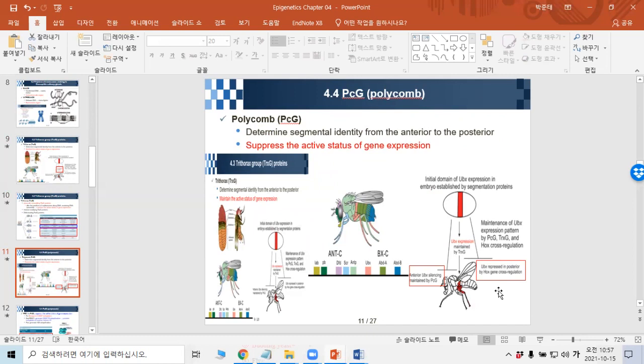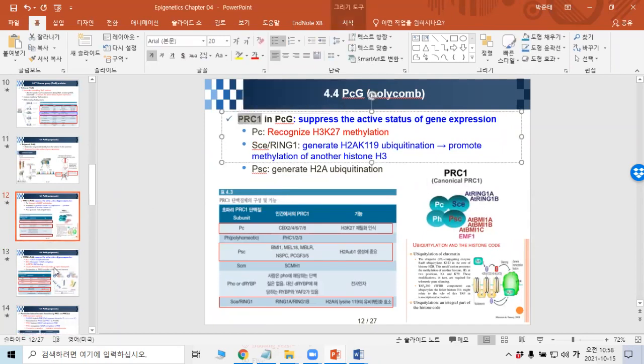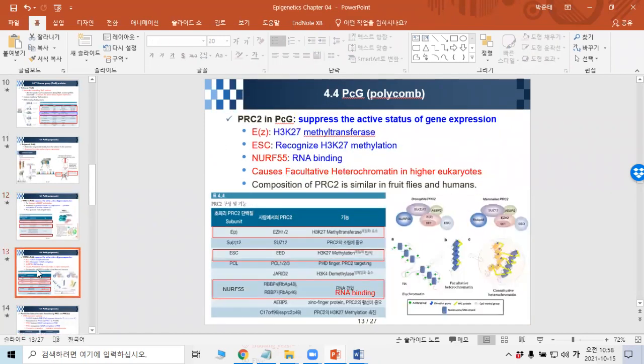It means that in another segment, Ubx is inhibited by the Polycomb group (PcG) genes. So this is the suppressed status of Ubx gene expression. And also in the Polycomb group, there are two complexes, PRC1 and PRC2.